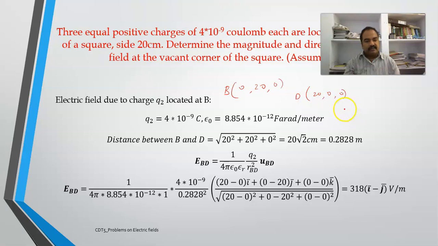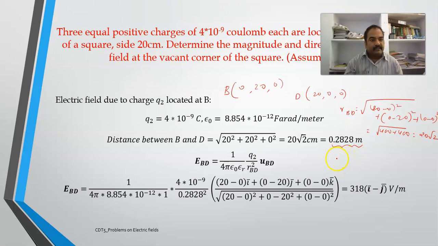So the distance between these two, RBD, is equal to the square root of 20 minus 0 whole square plus 0 minus 20 whole square plus 0 minus 0 whole square. You will get the square root of 400 plus 400. It is 20 root 2, which, if you convert it into meters, is 0.288 meters.